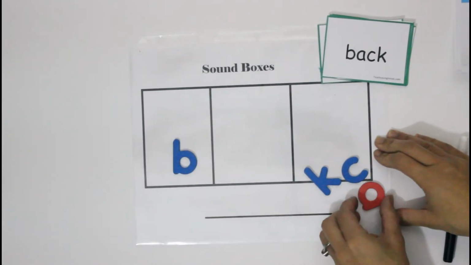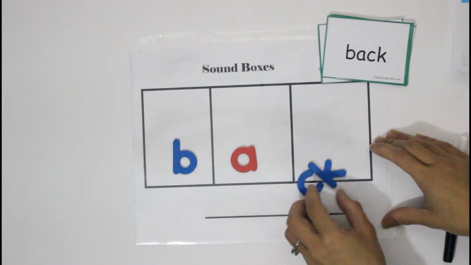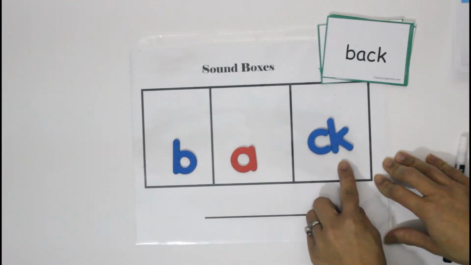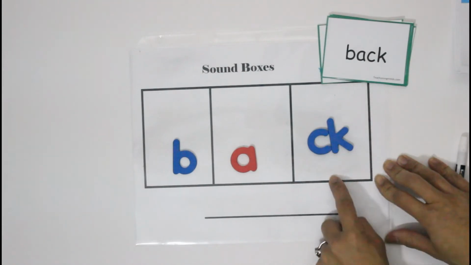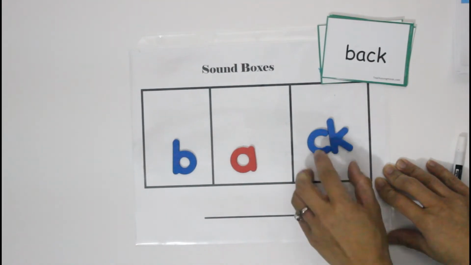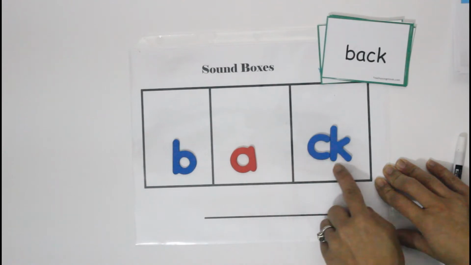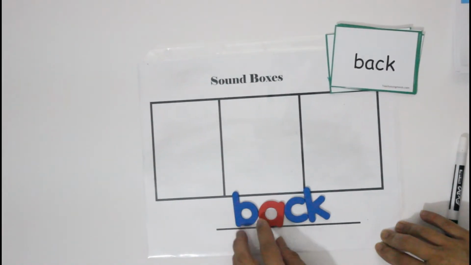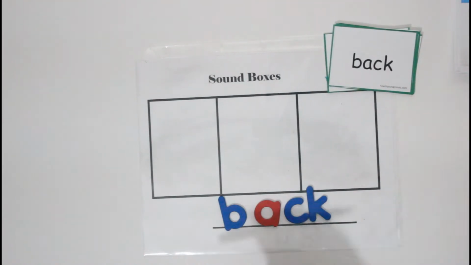So b, a, k, and ck is a digraph, so it's one sound, so it stays in one box together. B, a, k, and put it together, makes back. Then I can have them write it.